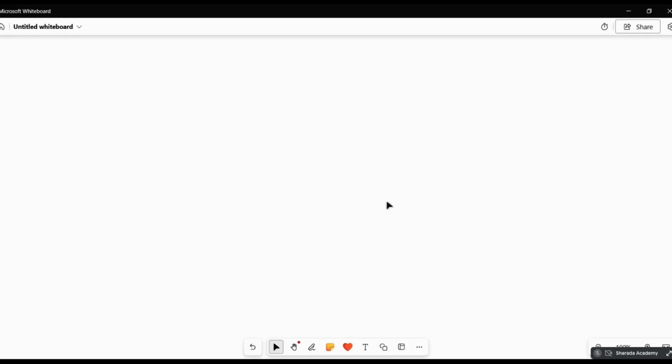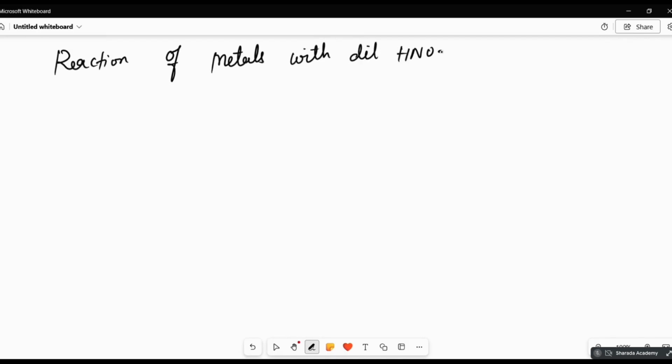Reaction of metals. Write on this: reaction of metals with dilute HNO3. Nitric acid.